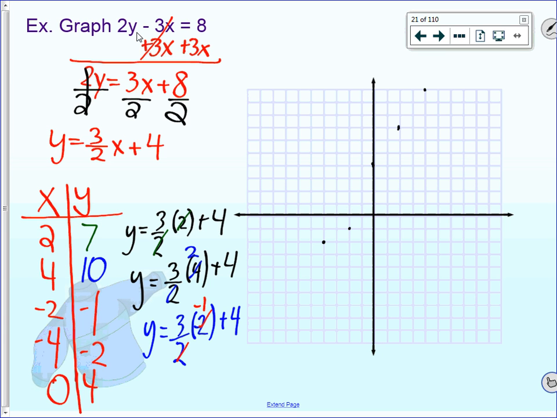Let's see, 2, 7. I think it's 4, 10. Yeah, do -2, -1. Wait, for what? Oh, it's -2, -1, so only one. Okay. There you go.